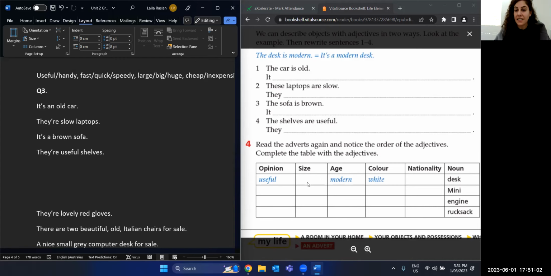If it had a size, large, so it's a useful, large, modern, white desk. Nationality, maybe like where it's made. So it's a useful, large, modern, white, made in USA desk. Mini.